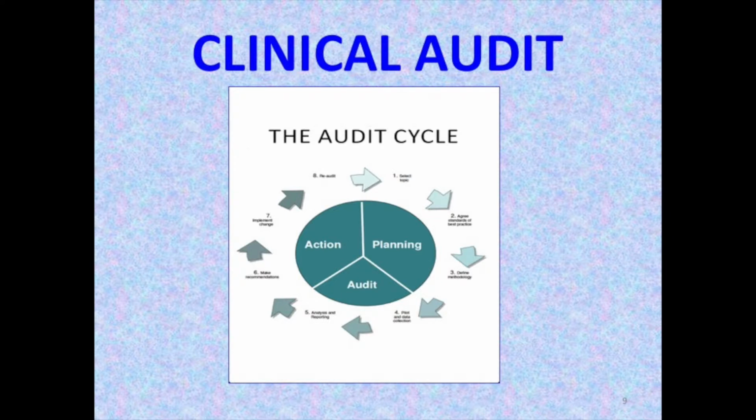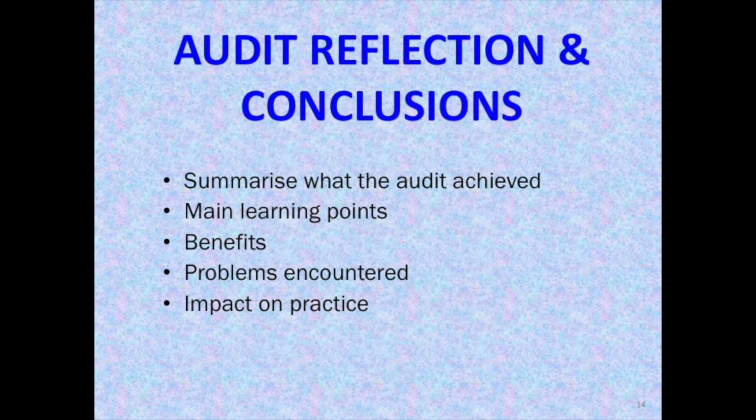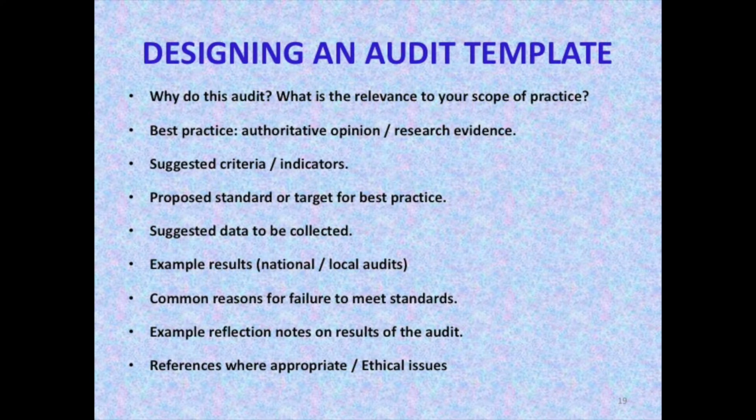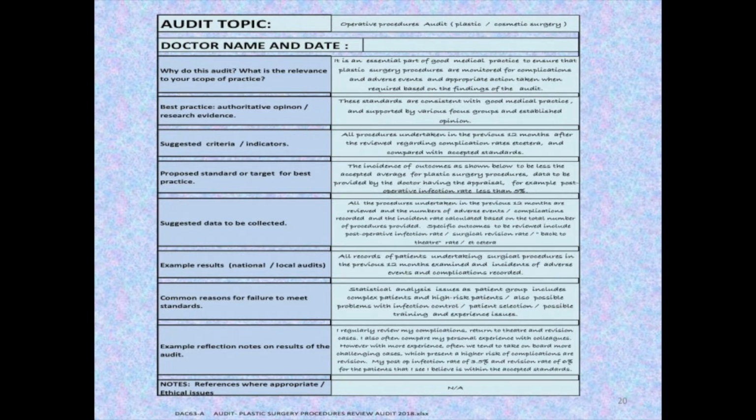You can then plan your work by looking at established audits, collect data using realistic numbers, and then of course calculate whether or not the standard has been met. Reflection on your conclusions would follow, and you may wish to consider appropriate practice changes to improve standards going forward. Finally, a re-audit can be used to check whether or not the changes have produced a benefit.